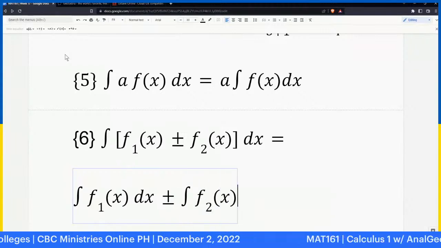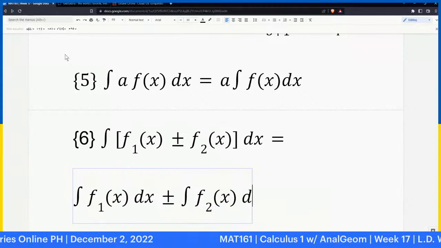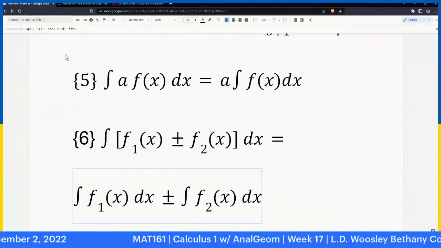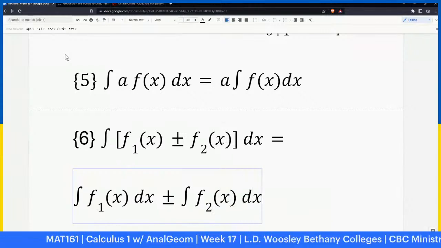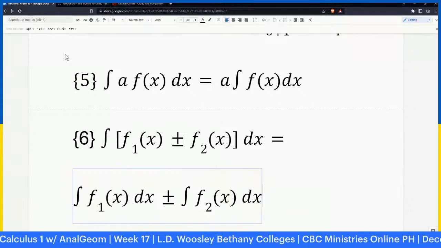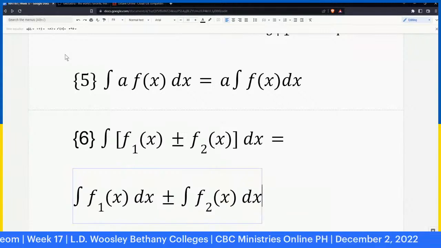So we could distribute if it is separated by addition or subtraction.